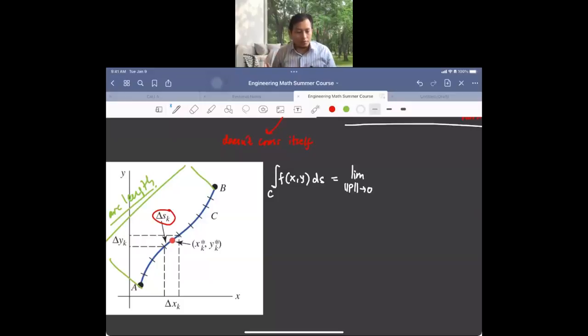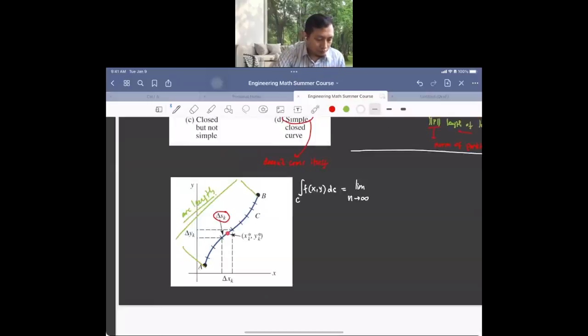N means the number of cuts, and p is the norm of the partition. It's the same thing. Your books use the norm p, the partitions, but you can also write n if you prefer. It's practically the same thing.